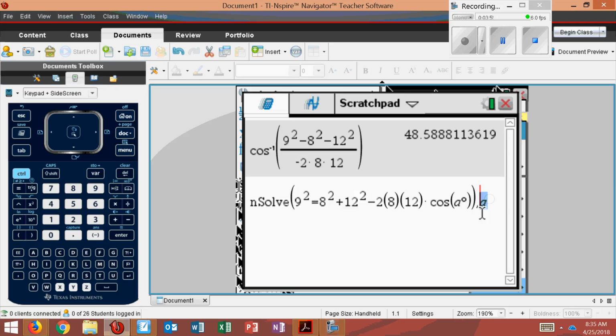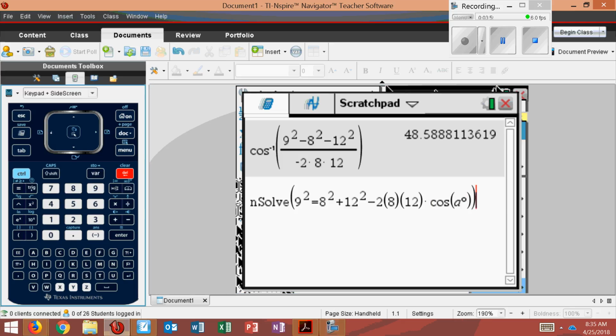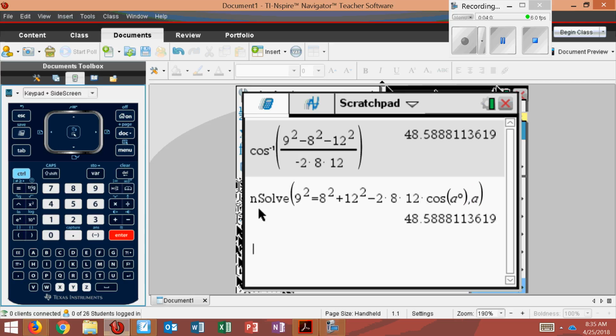And I made one mistake here. This A needs to be inside the solve parentheses, so I'm going to go right here with it. Now when I hit enter, I get the same answer. So we could have done it either way.